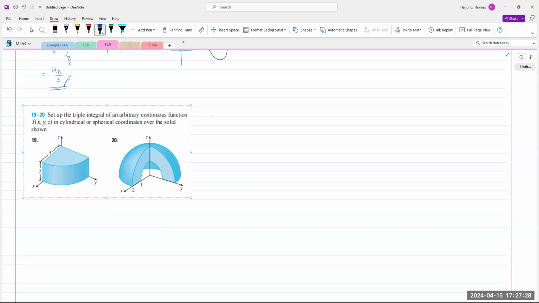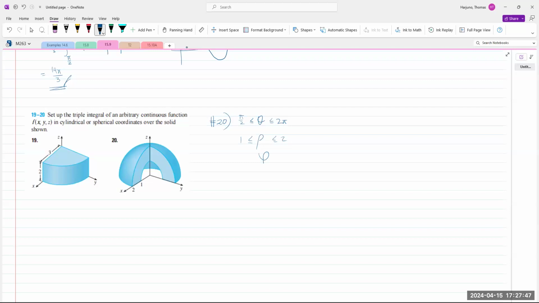For number 20, of course, spherical is better. Okay, so the theta is apparently not from 0, it's from pi over 2 to 2 pi, right? The radius rho is from 1 to 2.